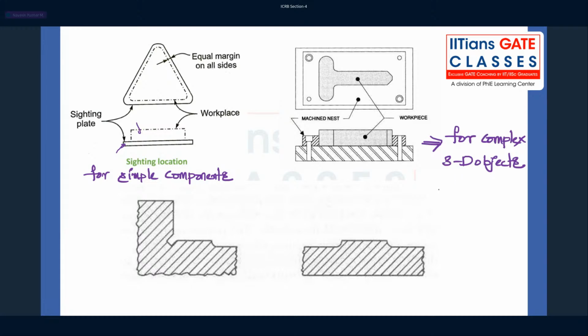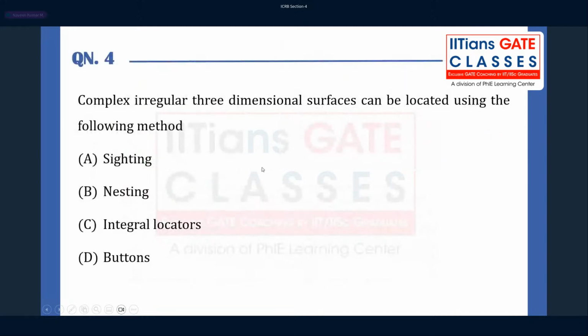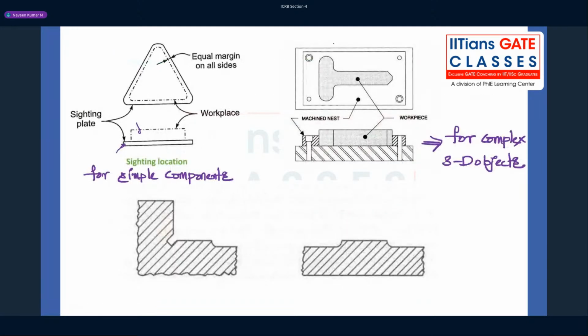And it needs some multi points. You see, some multi points are there. Good. Next, okay, this is nesting, don't forget.